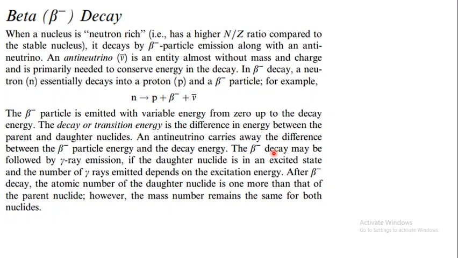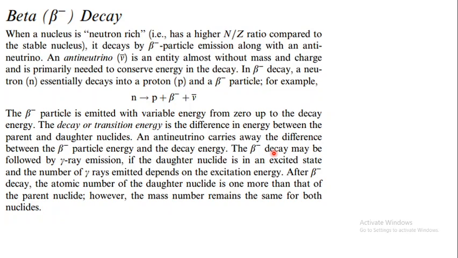So in order to reduce that number, a neutron will be disintegrated. Compared to the stable nucleus, it decays by beta particle emission along with an antineutrino. An antineutrino is an entity almost without mass and charge, and is primarily needed to conserve energy in the decay process. It accounts for the difference of energy between the parent and daughter nuclide.